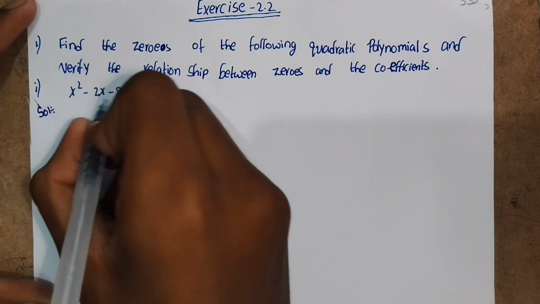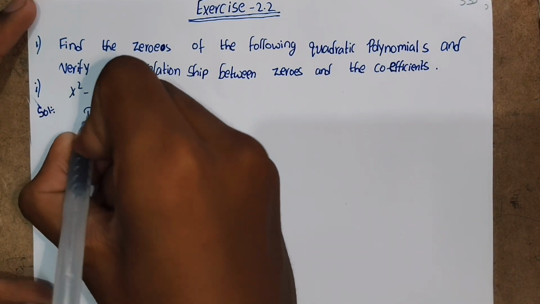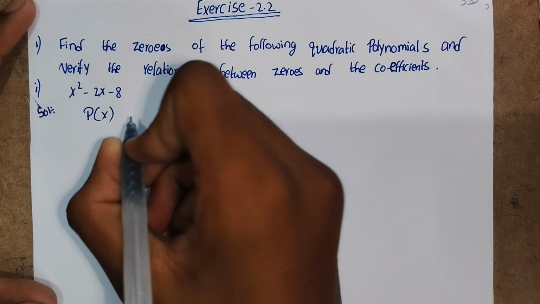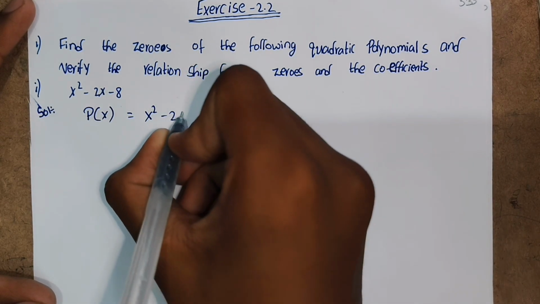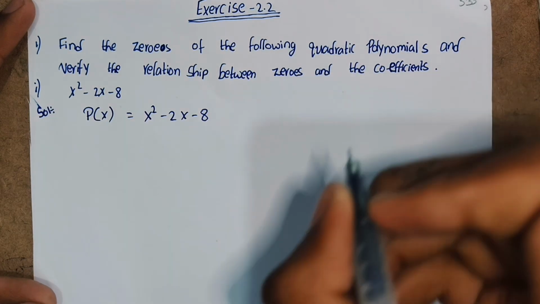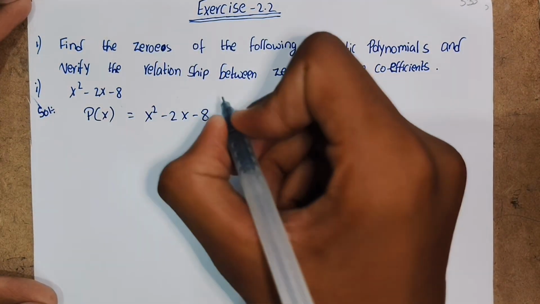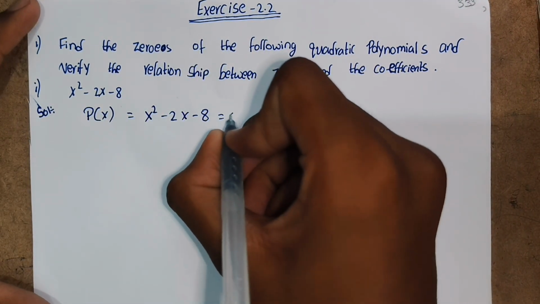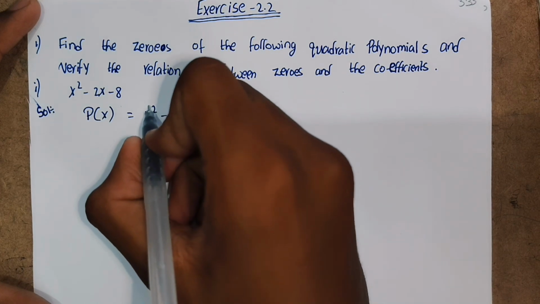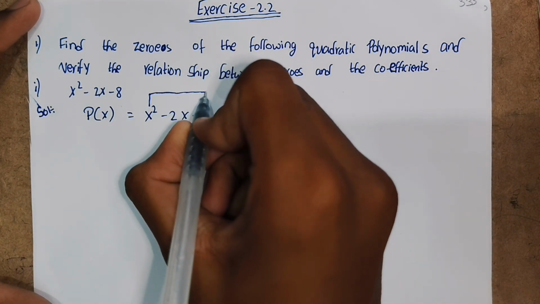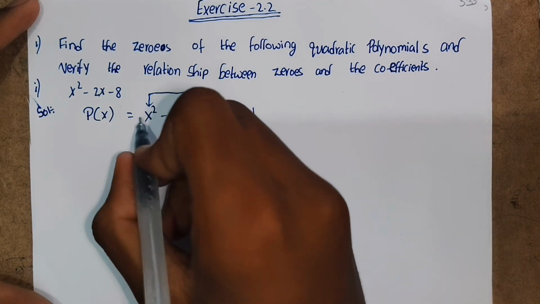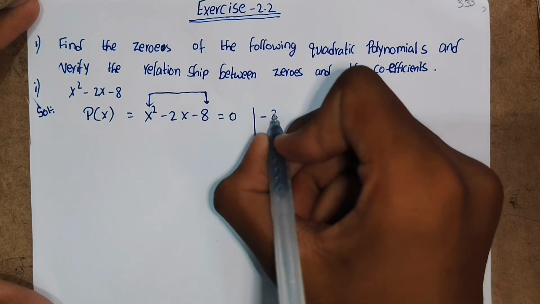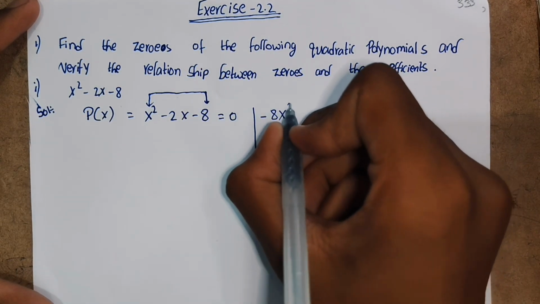I am thinking of this quadratic polynomial as p of x equals x square minus 2x minus 8 equals 0. Multiply these both numbers. By multiplying these both numbers, we get minus 8x square.